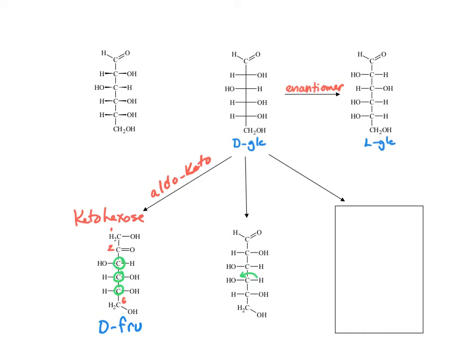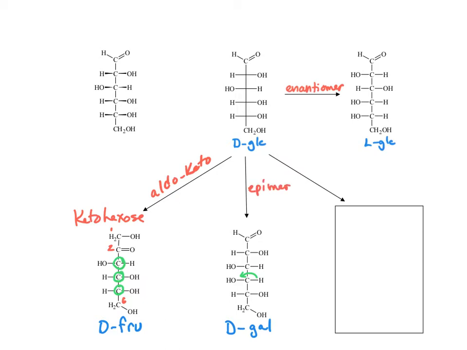We switched the chirality of carbon number, well, you tell me, carbon number 1, 2, 3, 4. Now this is a different sugar. It is not D-glucose and it's not D-fructose. What is it? We call this D-galactose, or DGAL, in a 3-letter code. This is not an enantiomer, and it's not an aldo-keto isomer. This is what we call an epimer.